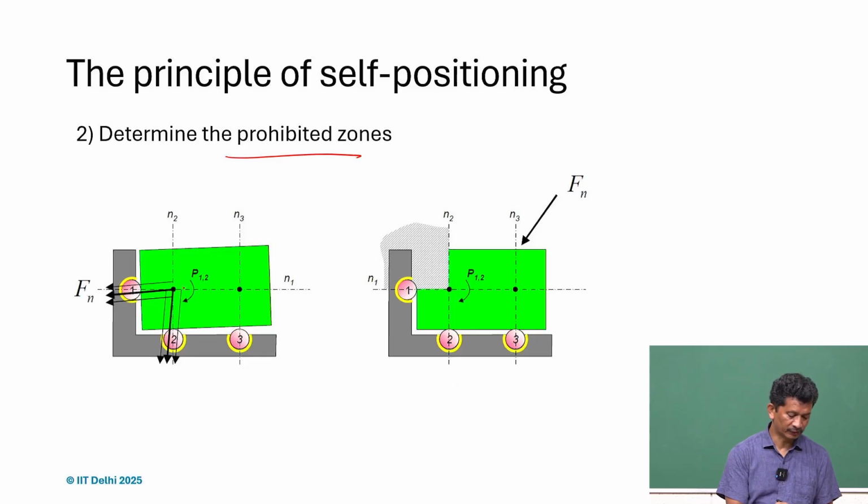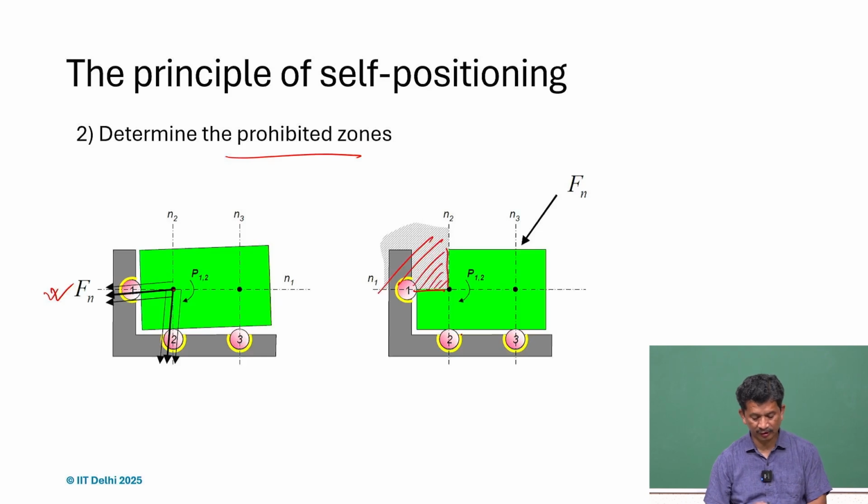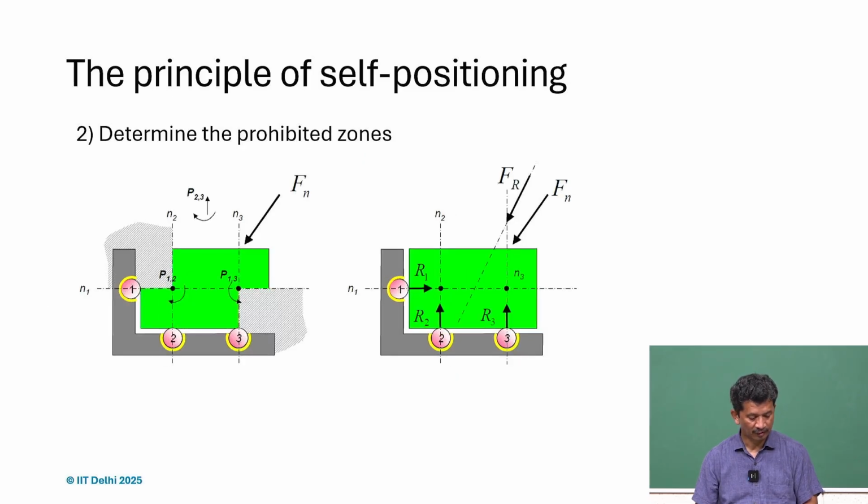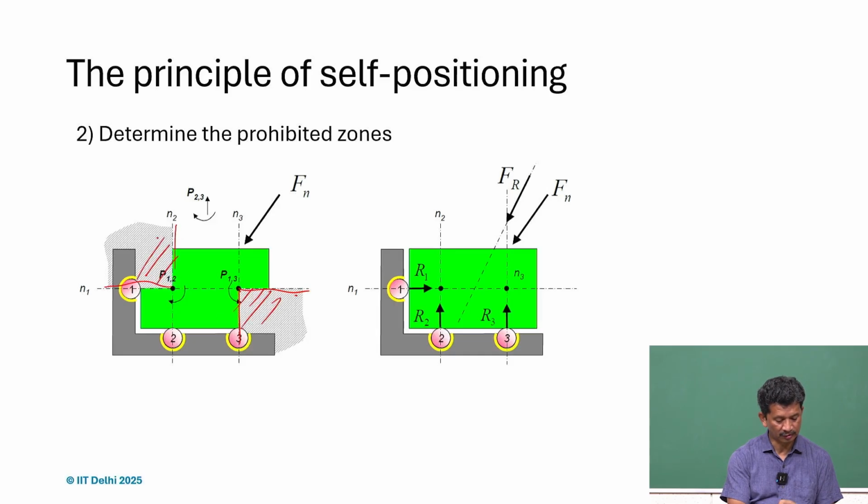Looking at these forces and P12, if we deviate a little left, right, up and down, we realize which one is good for us. This shaded region is not acceptable because it conflicts with our requirement, so it is a prohibited zone. One by one we can find that this is not good, and this is not good.